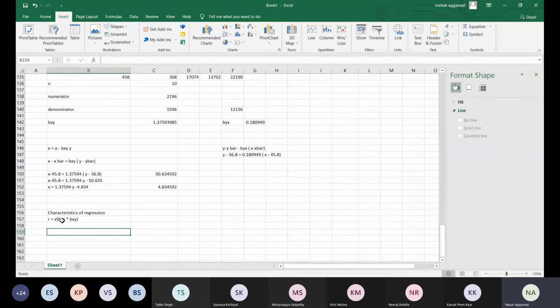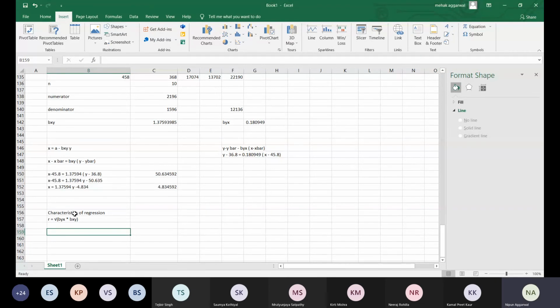So the characteristic says, if suppose one regression coefficient is negative, what should be the other? अगर एक regression coefficient negative आता है, तो दूसरा क्या होना चाहिए? बताओ, what should be the second regression coefficient?